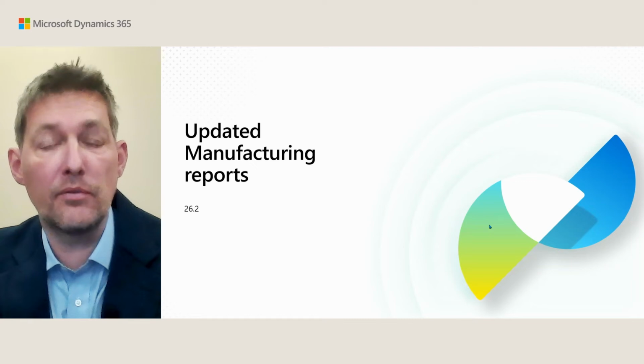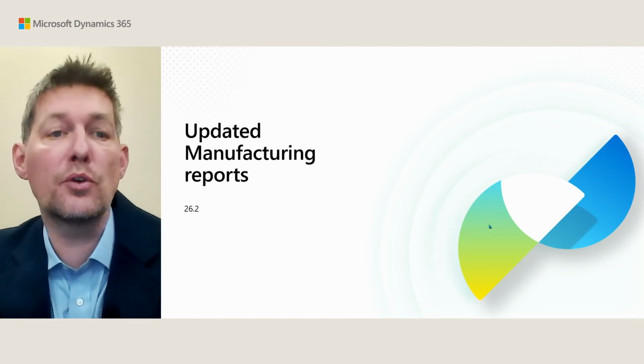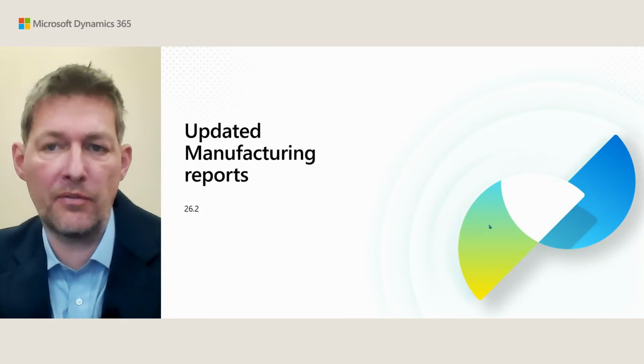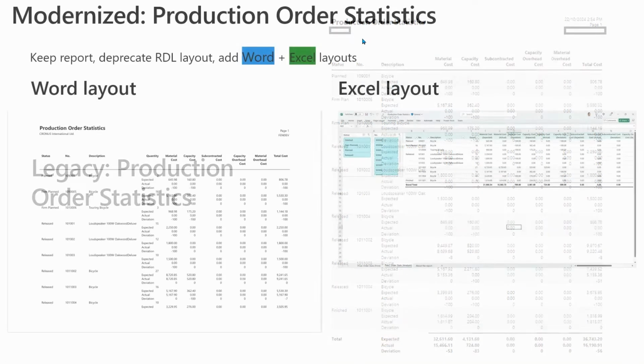So in hopefully version 26.2, you will be able to use updated reports for manufacturing. Let me show you a few examples, and then we'll also demo a few. Here's an example of a legacy report, production order statistics. The names have been protected to protect the innocent, but basically it's a PDF, and we thought let's make this better in a couple of ways.